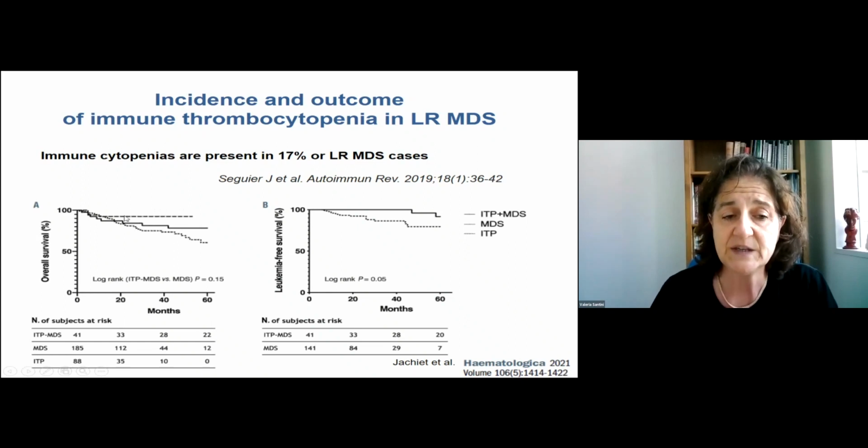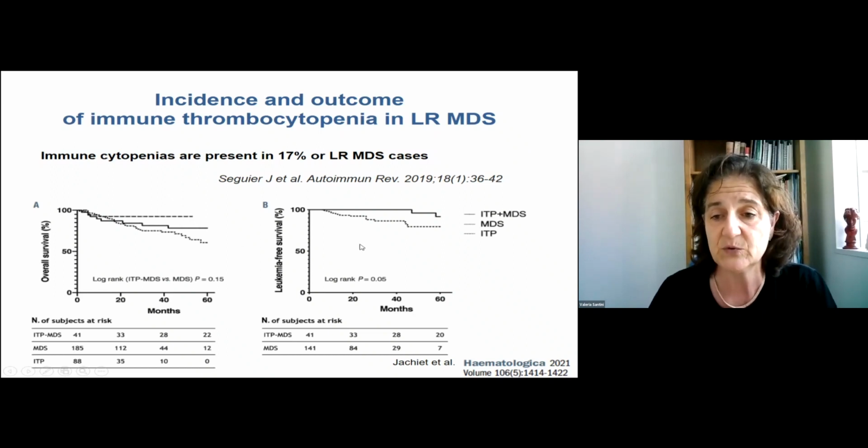As you may see here on the left, the overall survival of patients with ITP and MDS is slightly better, not significantly, than the other MDS. So there is no worsening of the prognosis of this patient, whereas, of course, ITP patients have a much better prognosis.